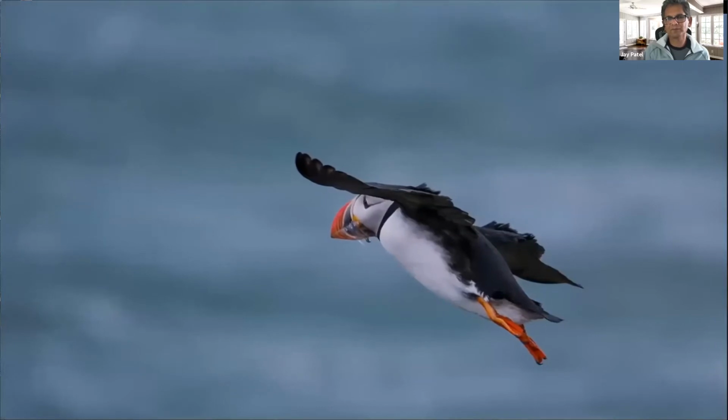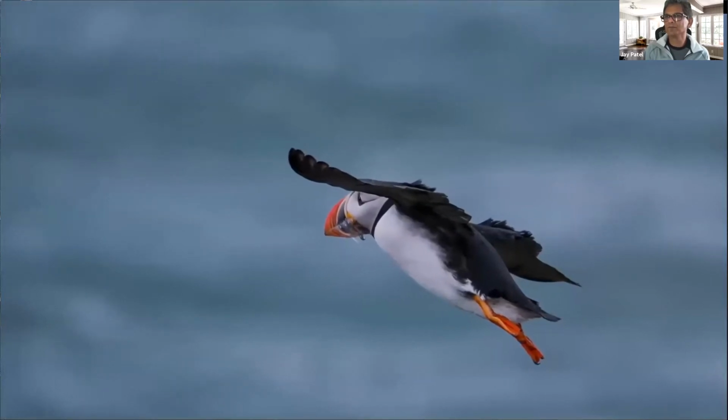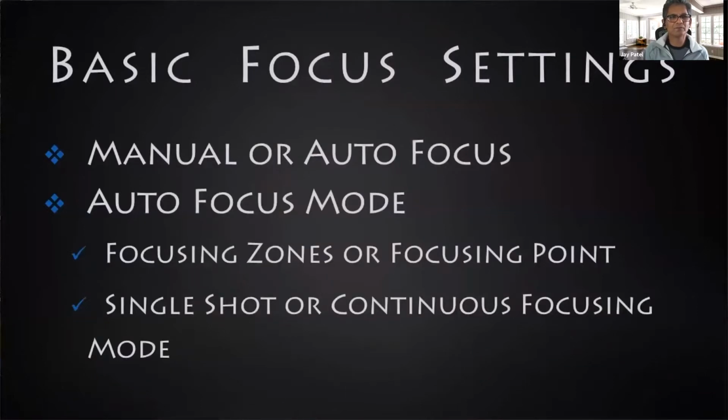In this case, you want to make sure that continuous focusing mode is enabled and it's going to track your subject. All right, so now that you know the three things you need to learn about focusing, let's see how this works for a DSLR camera.